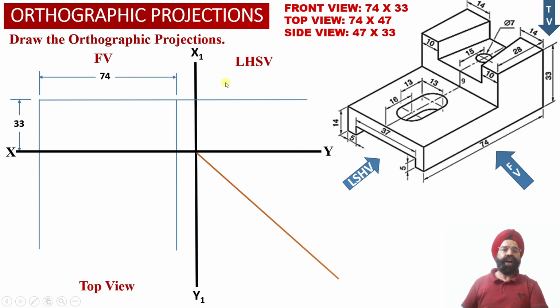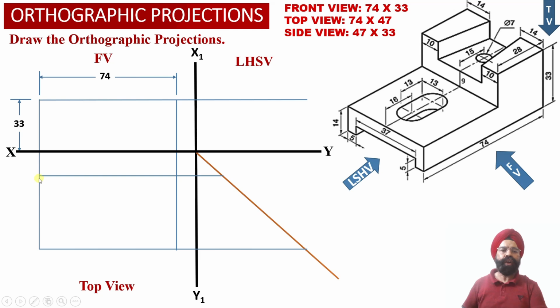Now into the top view face, we know that the dimensions are 74 millimeter width of the solid and 47 millimeter depth of the solid. So the 74 millimeter width of the solid we have already obtained.